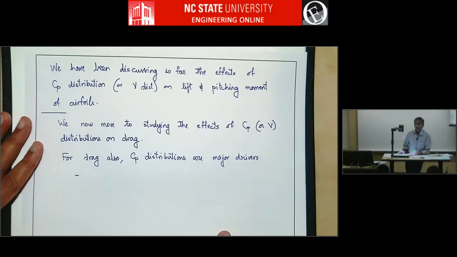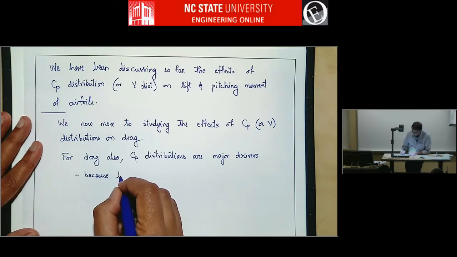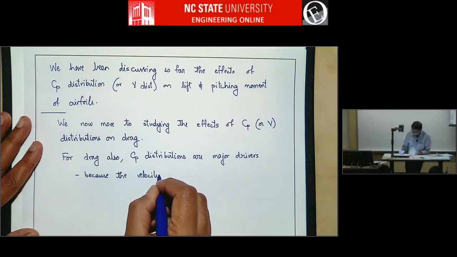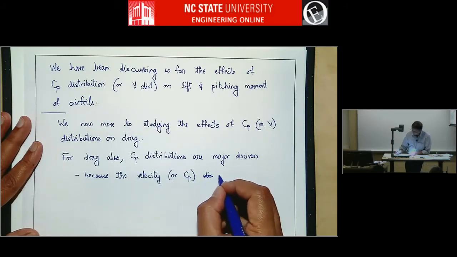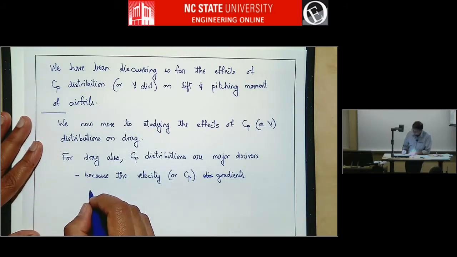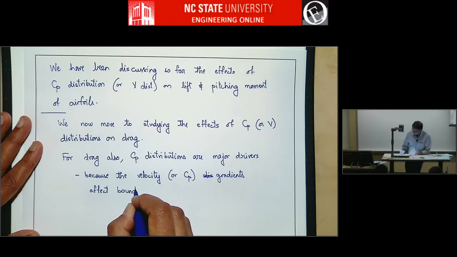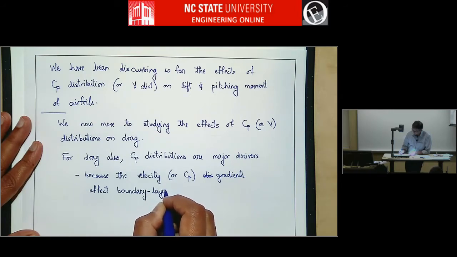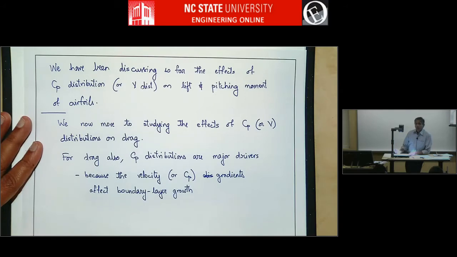And the reason for that is because the velocity or the CP gradients of these distributions affect boundary layer growth. And the boundary layer in turn determines the drag coefficient.